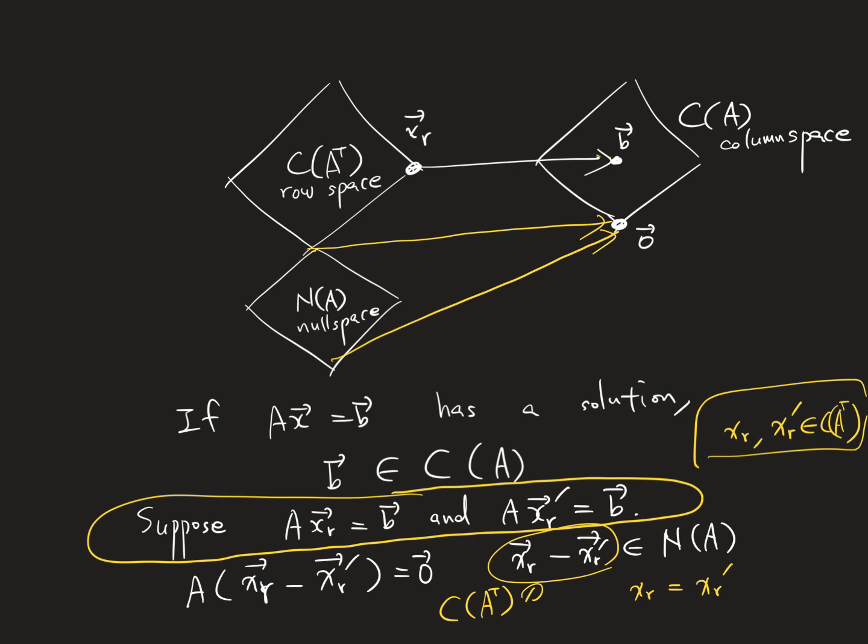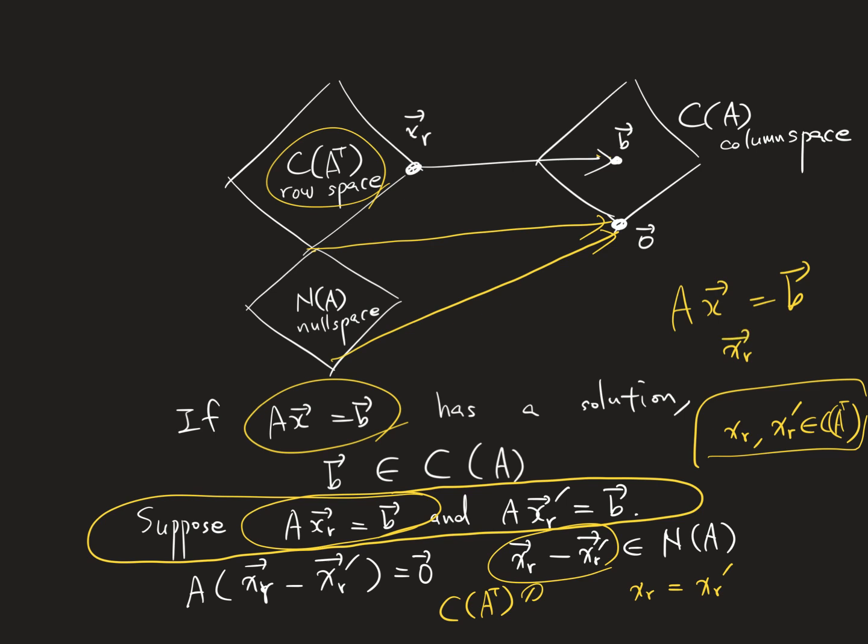This means that if you find any solution from the row space in the equation Ax equal to b, a row space solution called x r, it will be unique. We proved that.